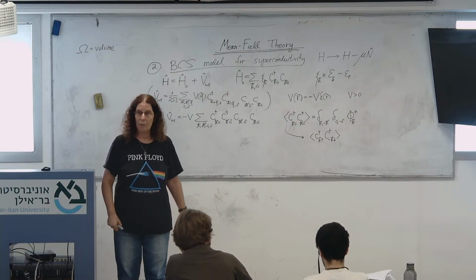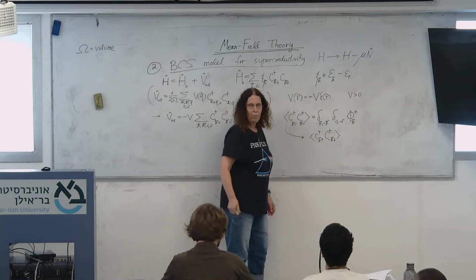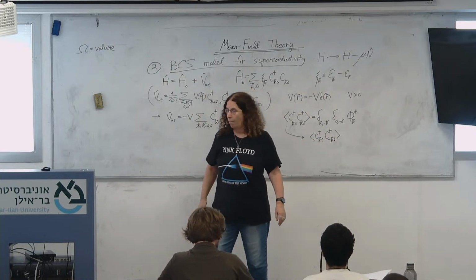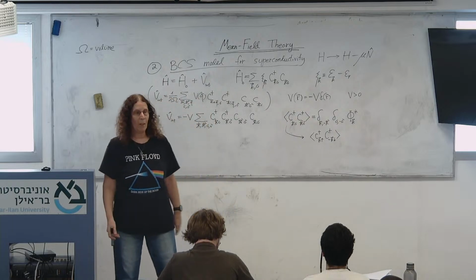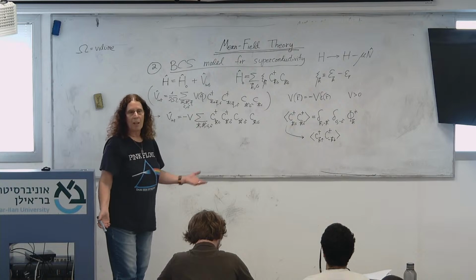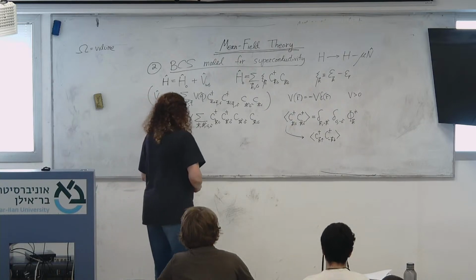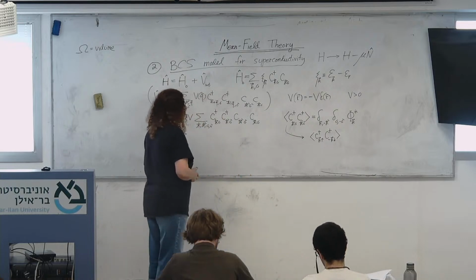It's really unusual that it has an expectation value, but within our assumption that there is some unusual ground state, it can be. Okay? Great. So let's see what we get from it.